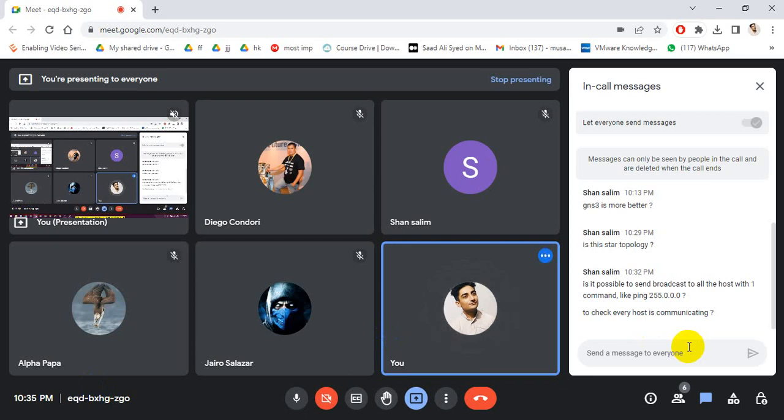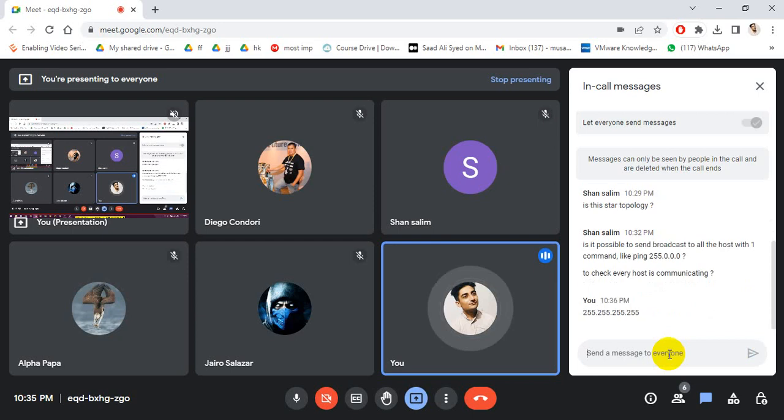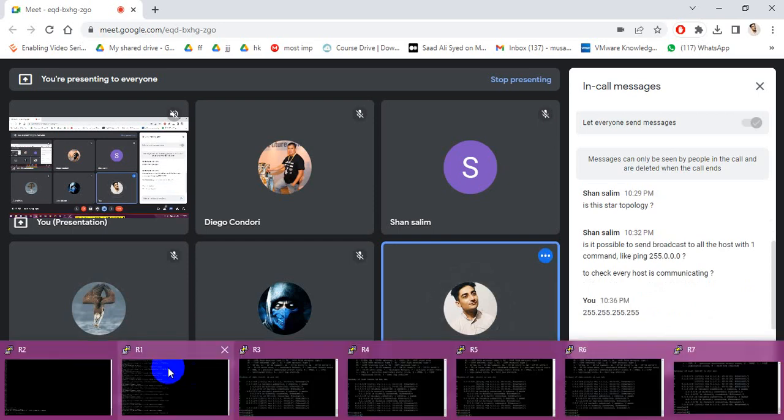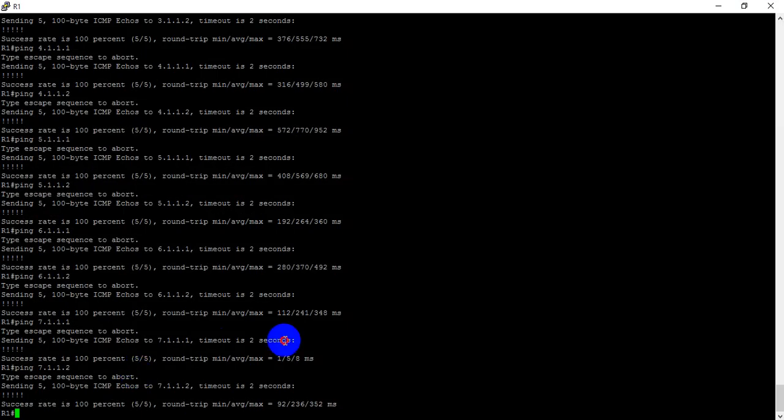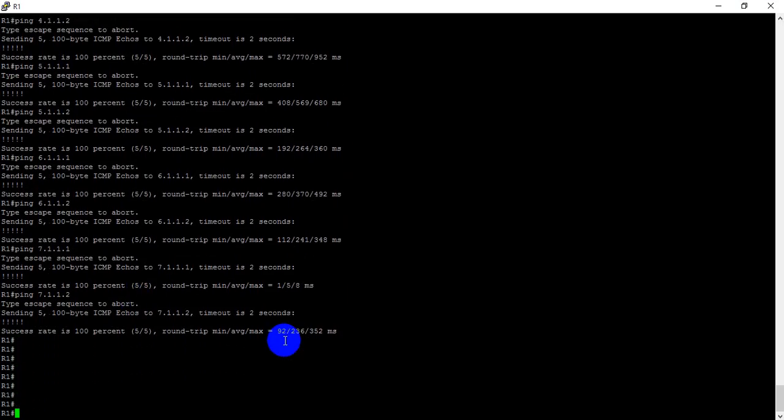And you know what this is? This is not a broadcast address. This is the class A subnet mask. You know what a broadcast address is? This one. This is the broadcast address. If you want to check, let me check here.